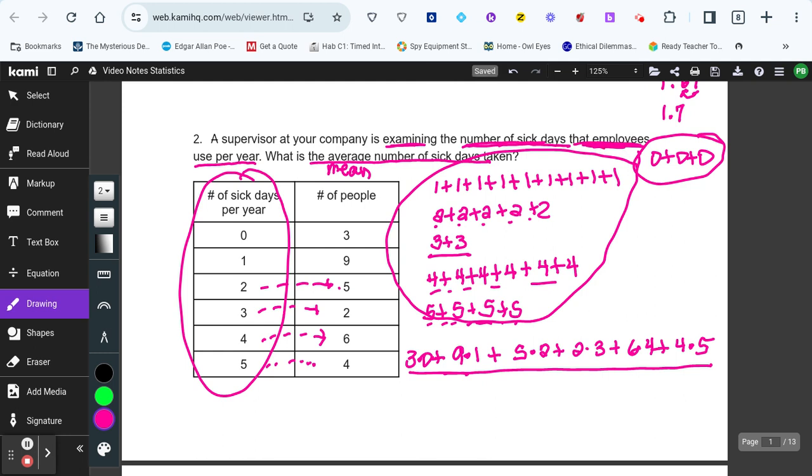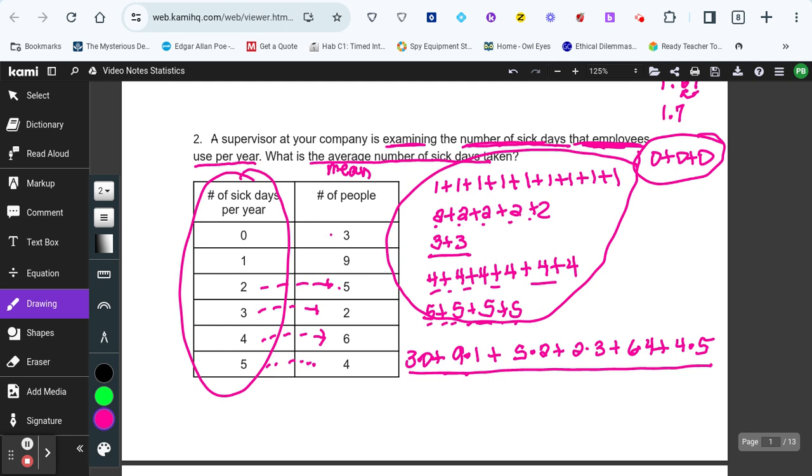So I want to divide by the number of employees to see on average what number of days an employee takes for sick days throughout the year. So I want to divide by the number of people, okay?